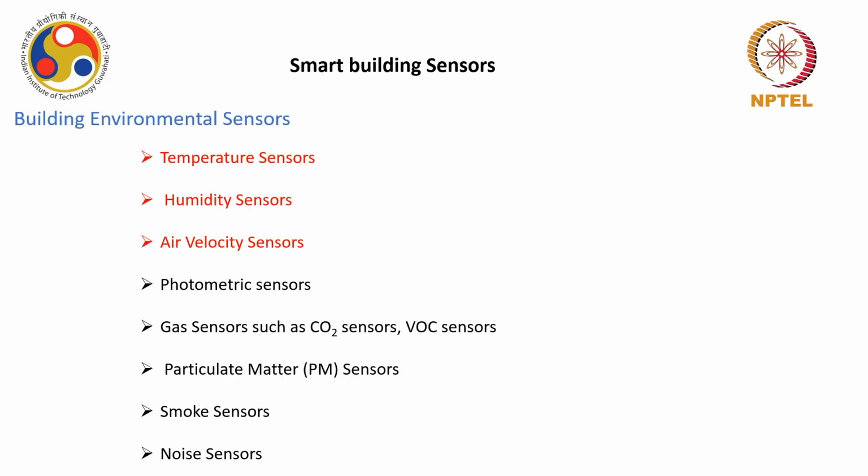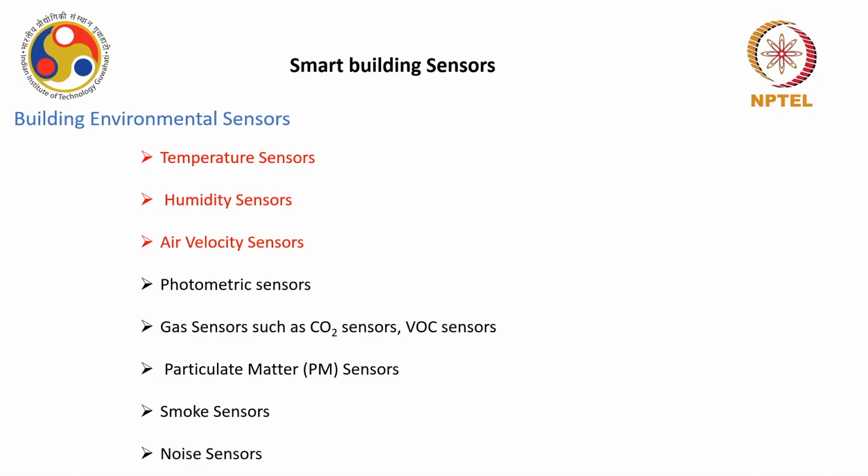So, these are different anemometers, and the fabrication of each we cannot discuss, of course, but certain kinds of anemometers we can definitely discuss, like we have just talked about the MEMS based anemometers. So, if I go to the list of building environmental sensors, I can say that I have now talked about temperature, humidity, and air velocity sensors.